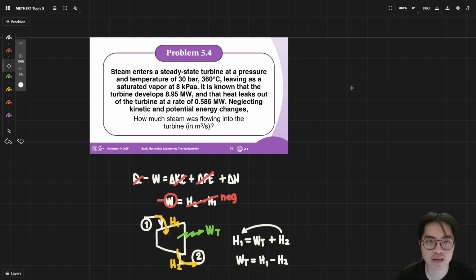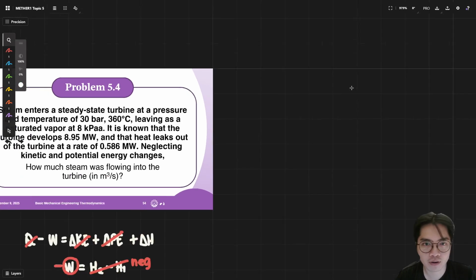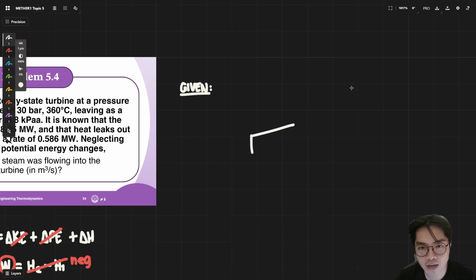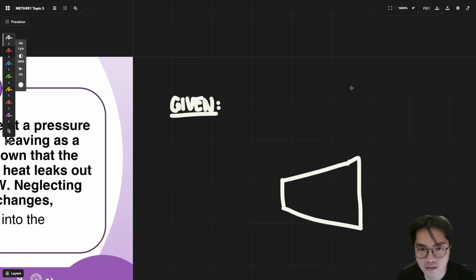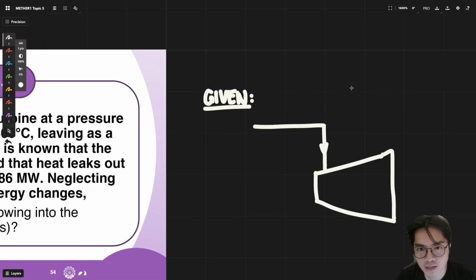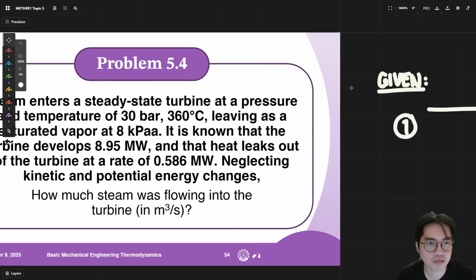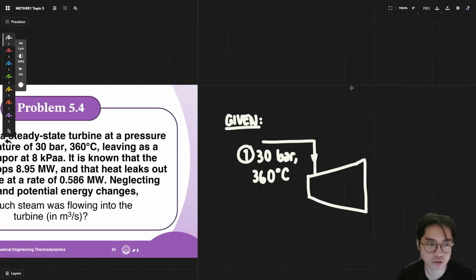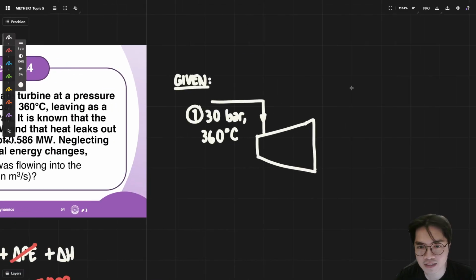We will now have here problem 5.4, and we will have our given values. We will have here a turbine which has a state 1 and a state 2 as well. State 1 is going to be 30 bar, 360 degrees Celsius, and it leaves as a saturated vapor.